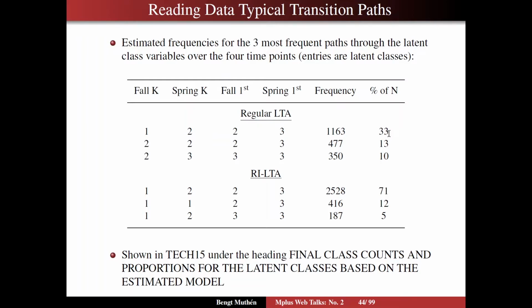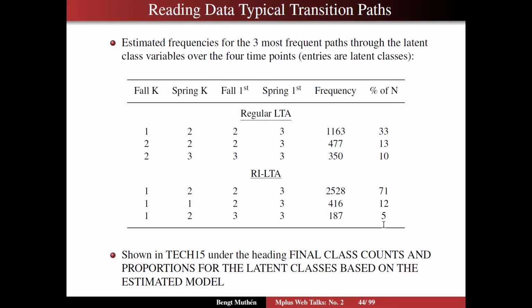33% follow that path, whereas for RI-LTA, you have 71% following that path. And going to the more beneficial path, starting already in class 2 and going to class 3 already in spring of kindergarten and staying there, that was 10% for regular LTA, whereas we don't even have that path among the 3 most likely, so it's less than 5%.